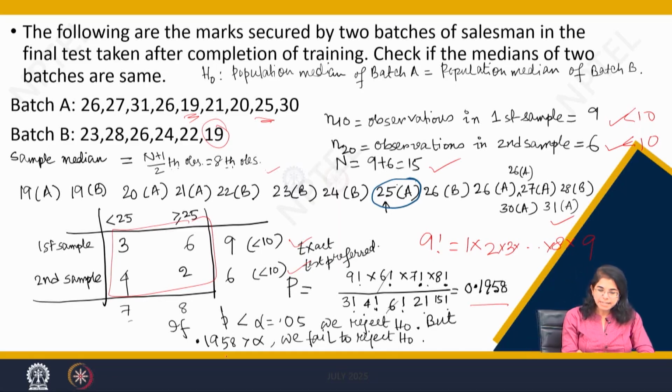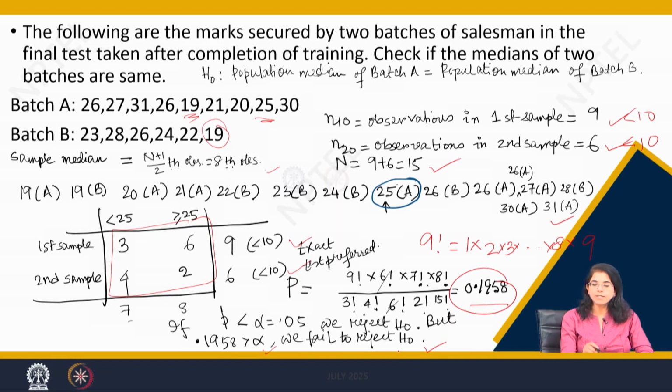So what we can see is that this calculated probability is greater than alpha. If it is less than alpha then we'll have to reject, but here in this case it is greater than alpha, so we failed to reject the null hypothesis. So what was the null hypothesis?